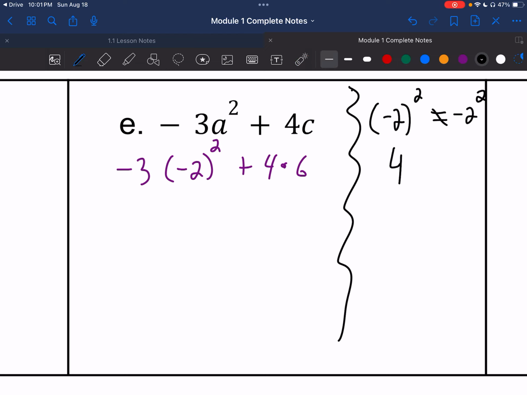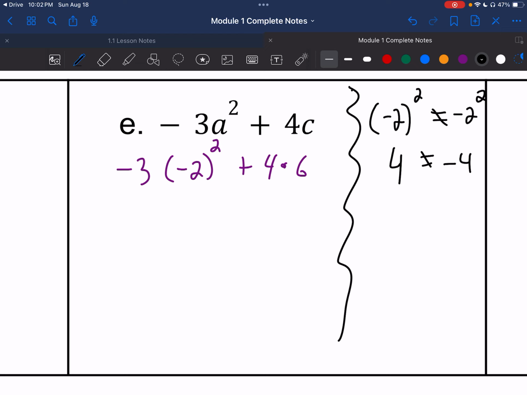Okay, so you're going to get a +4 on that. Okay, now on the right-hand side, the negative is out in front. The exponent is only going to apply to the 2. So what that negative sign says is we are wanting the opposite of 2 squared. That's the way your calculator reads negative 2 squared if you write it as I did on the right. So the answer you're going to get there, the opposite of 2 squared, is going to be negative 4. And those are not equal to each other.